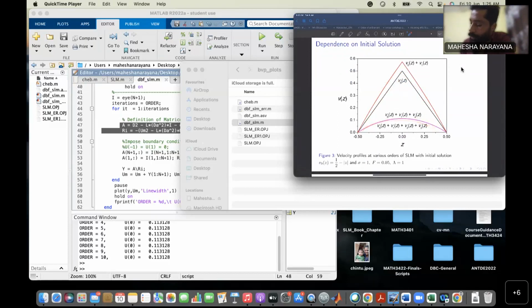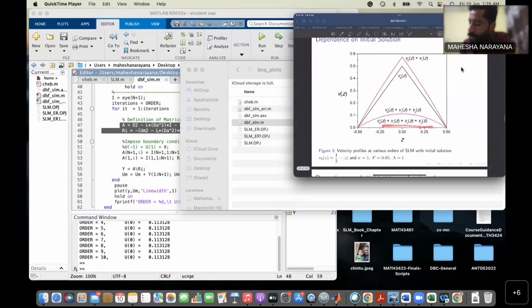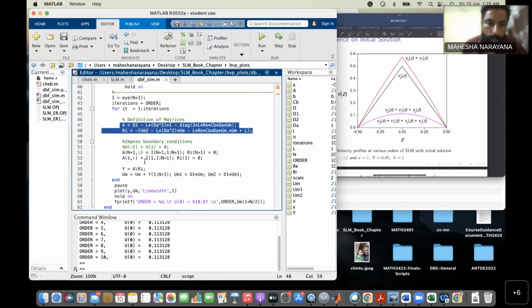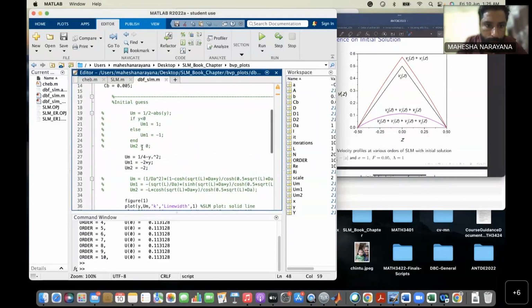I'll just show that using the code I have. I'll comment this one and uncomment the non-smooth initial solution.